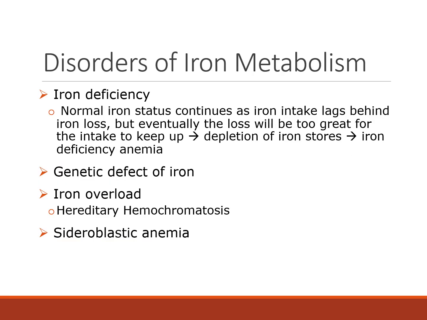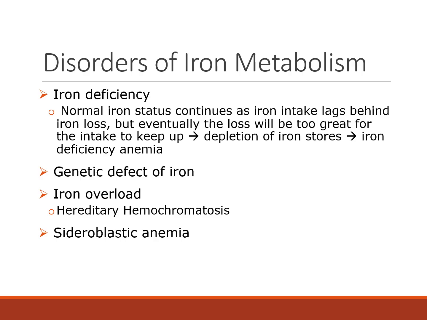So sometimes hemoglobin has problems because we don't have the building blocks. But remember, it isn't just about supply, it's also about implementation of the iron or the use of the iron. So the very first disorder of iron metabolism would be something like an iron deficiency. So normal iron status continues as iron intake lags.